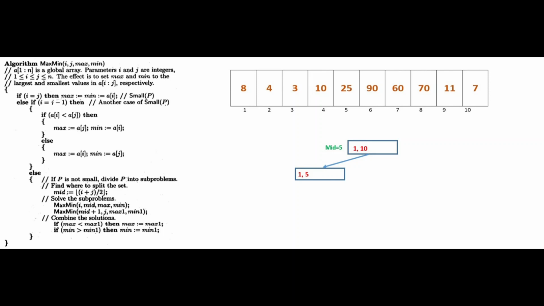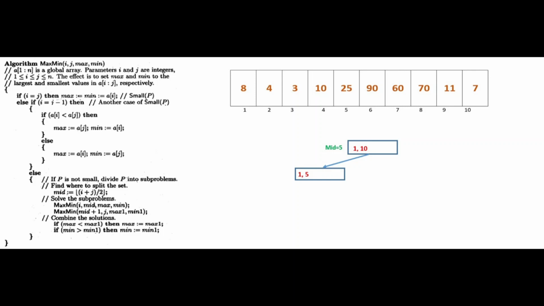No idea about the values of max and min. We are at the beginning of the second algorithm. The problem is not small. If i is equal to j or i is equal to j minus 1, then we can say that the problem is small. But the problem is not small.